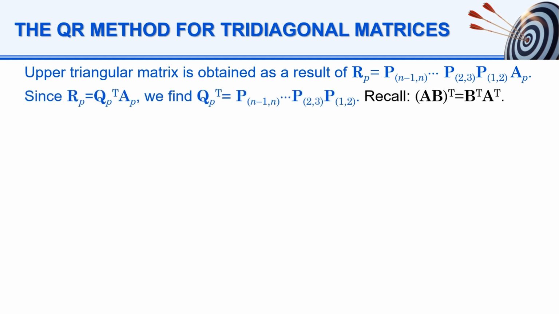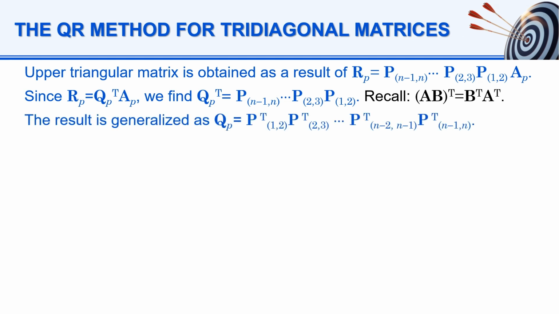Since RP equals the product of the transpose of QP with AP, we find the transpose of QP equals the matrix product of P n minus 1 n down to P12. The result is generalized as QP equals the product of transpose P12 to transpose P n minus 1 n.